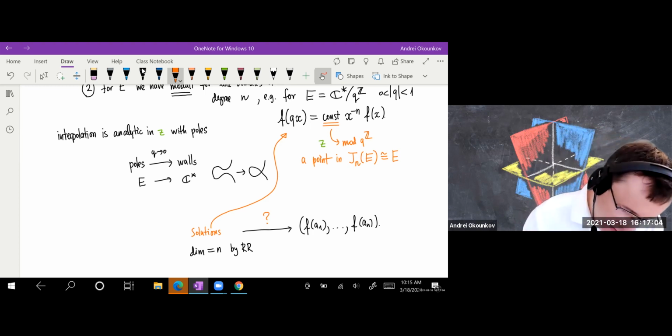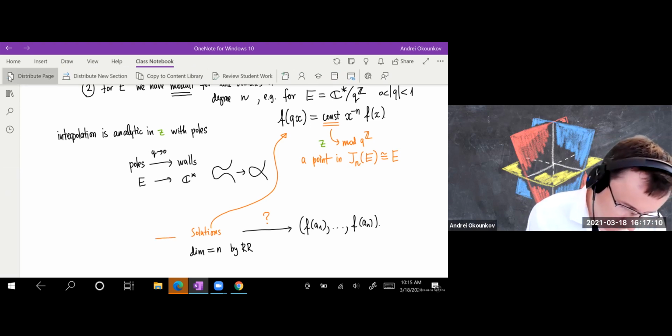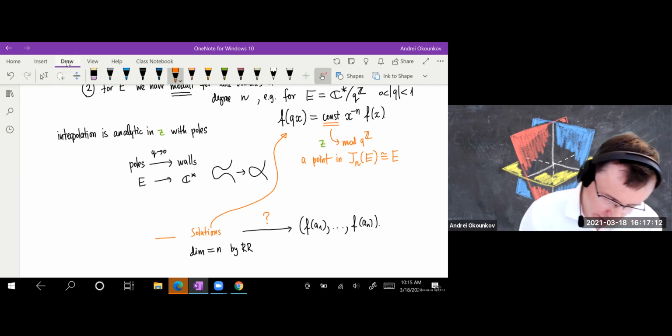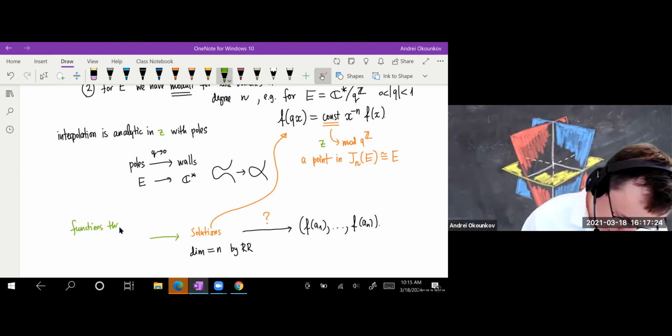And of course, the kernel of this map are exactly the functions that vanish at a_1 through a_n.